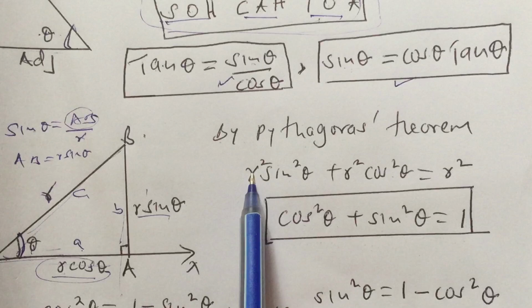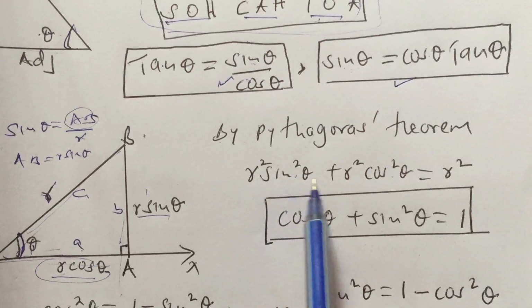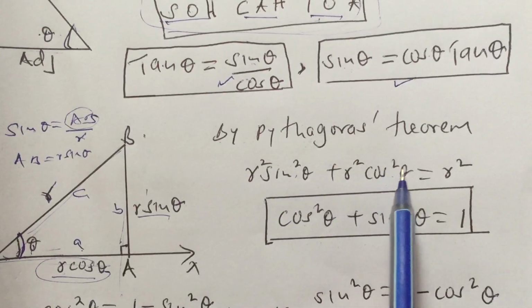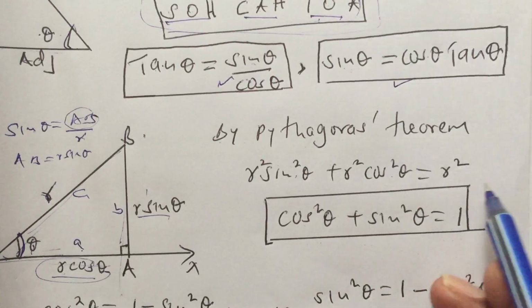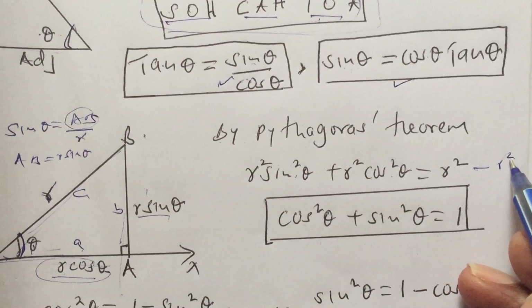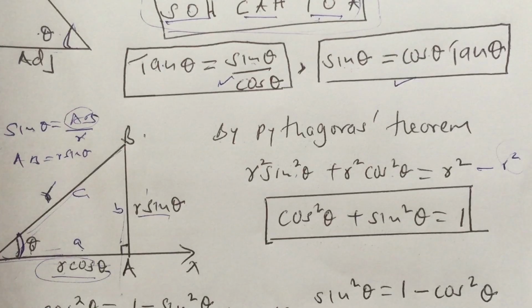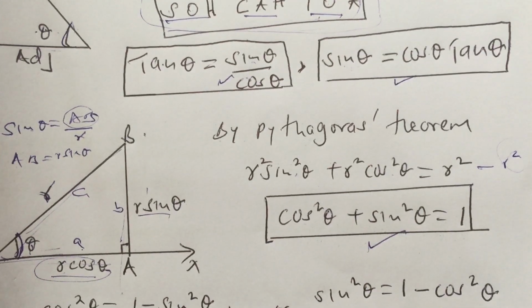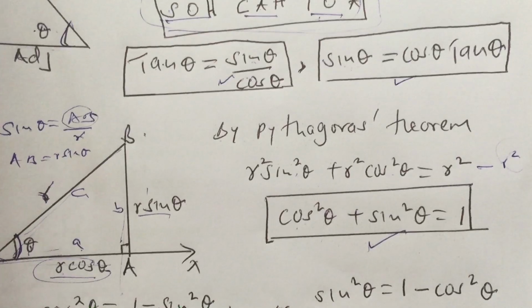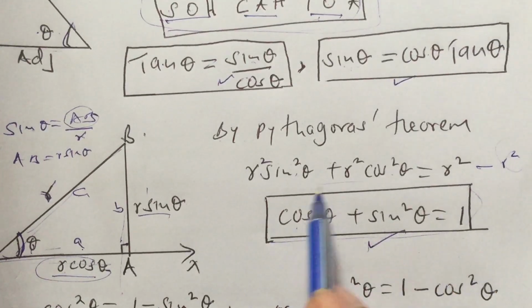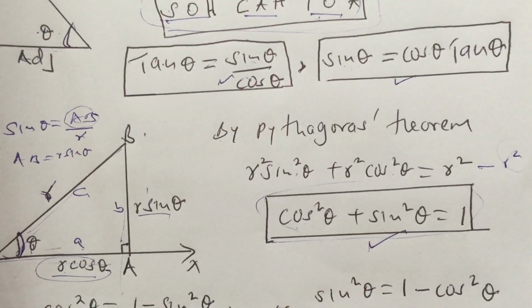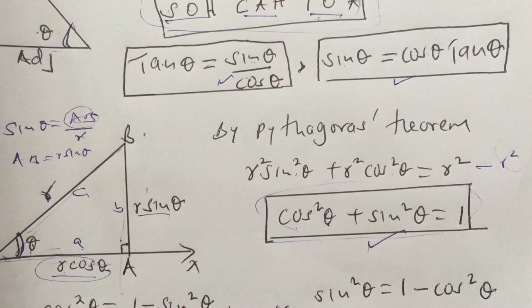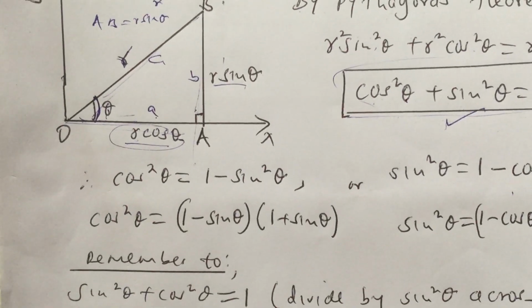You can realize that it comes to r squared sine squared theta plus r squared cos squared theta equals r squared. Then I divided by r squared on both sides, and we ended up with this trigonometric identity, that is cos squared theta plus sine squared theta equals 1. This identity is true for any angle theta.